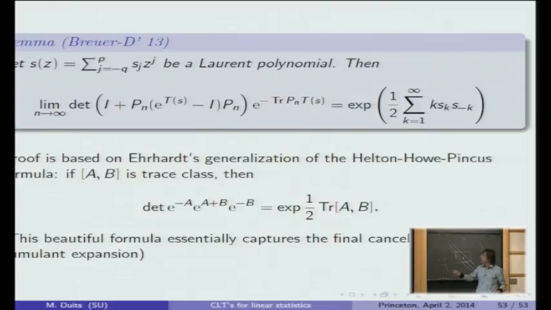We need to prove that this Fredholm determinant, which is the moment-generating function of the linear statistic, in case J is a Toeplitz operator, is the exponential of one half times the H^{1/2} norm.